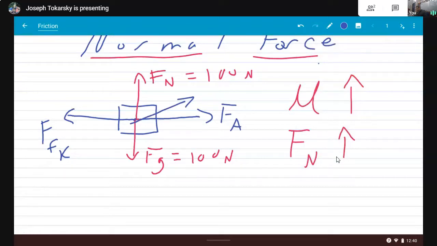Because if I pull at an angle upward, I alleviate some of the weight off the floor, and the floor doesn't have to push back as hard. So if we said the weight always equals the normal force, that wouldn't be true.